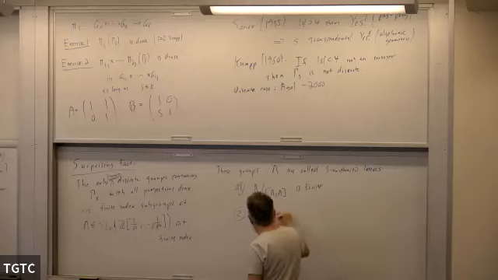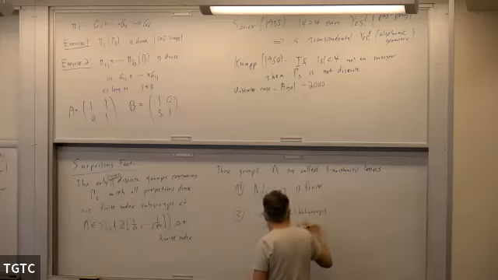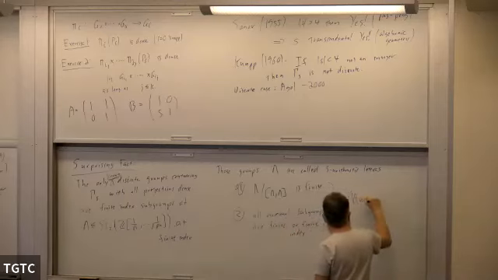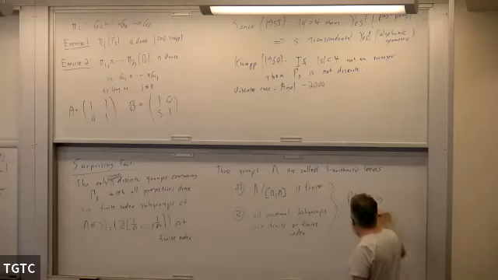All normal subgroups are in fact finite or finite index. These two things are theorems of Margulis. They are special cases of theorems of Margulis from 1978.